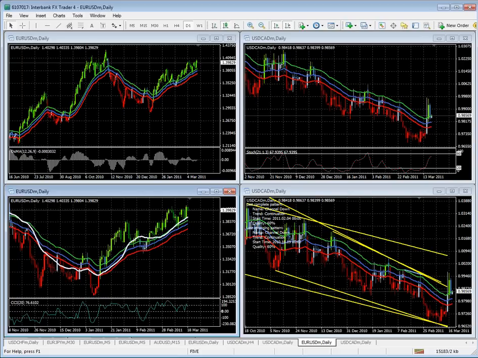One of the things we talked about last week also was the challenge of understanding which type of approach is ideally suited for the particular environment that you're dealing with on the time frame that you're trading.